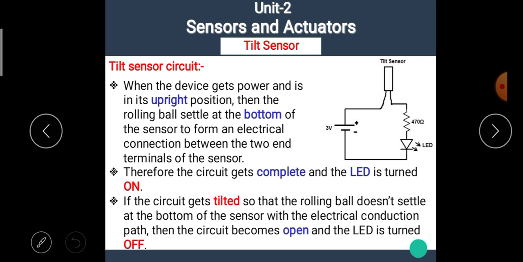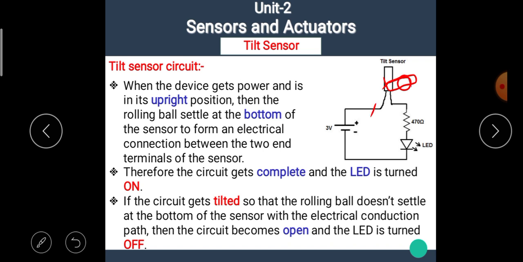Let's see once again. In this position, the rolling ball is settled here. Hence, there is an electrical connection between this wire and this wire. Due to this, the circuit gets completed and the LED turns on. But when the sensor is tilted like this, then the rolling ball is settled here.